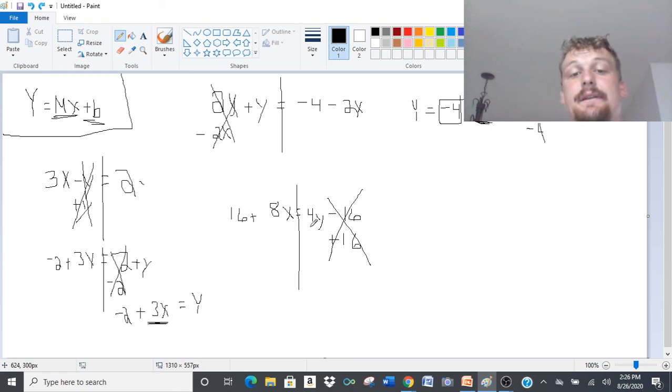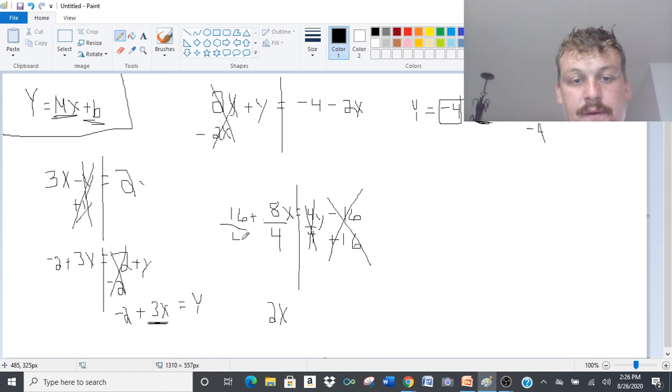The opposite of multiplying would be dividing, so we're dividing by the 4 to get y by itself, so that cancels. Now we have 8 divided by 4 because we're dividing everything by 4. And 8 divided by 4 is 2x, and then 16 divided by 4 is 4. So we have 4 + 2x = y.